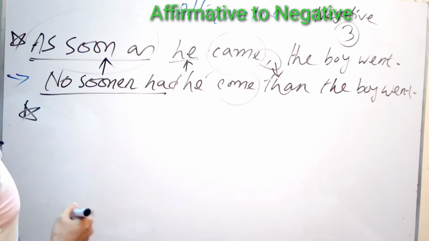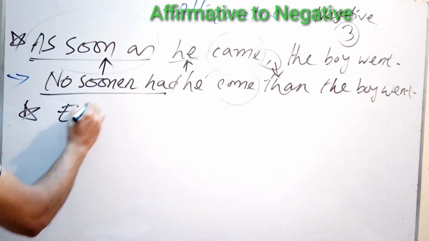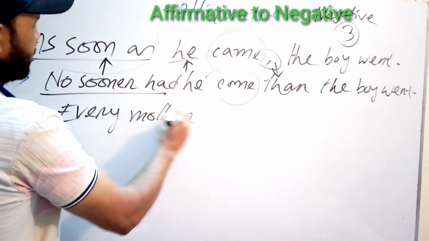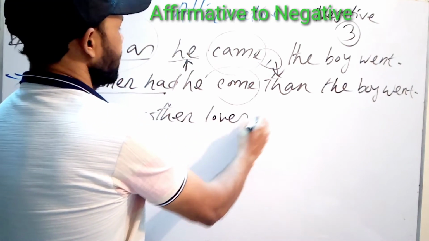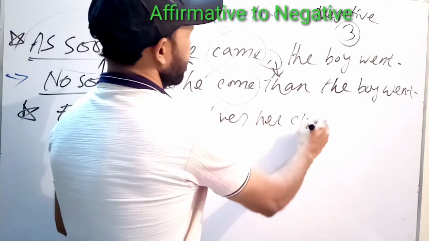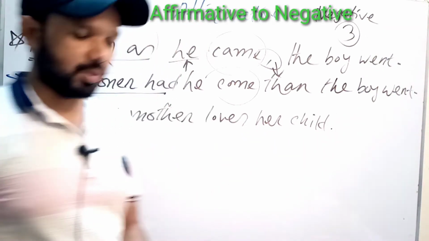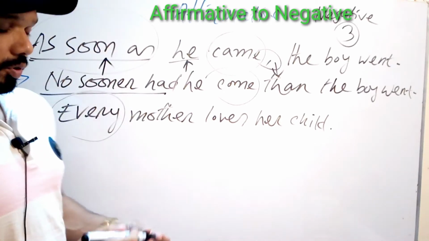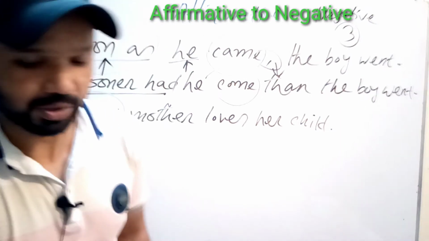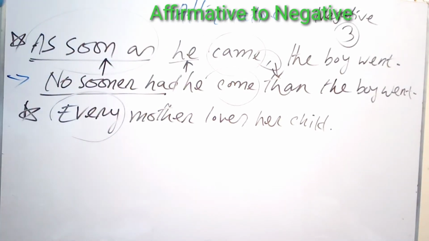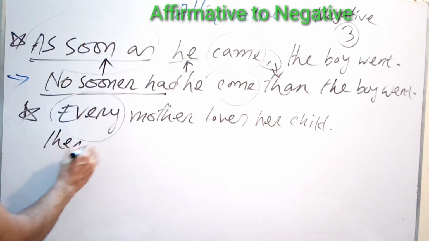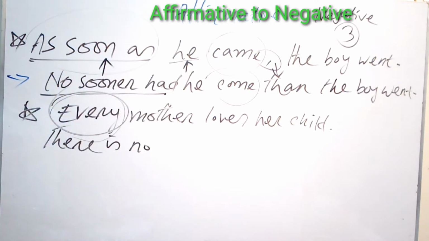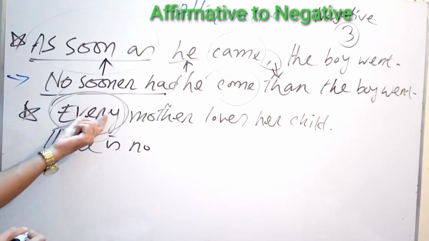Then another rule. Every mother loves her child. Look at the sentence. There is every. So when there is every at the start of the sentence, you have to use there is no in lieu of every.